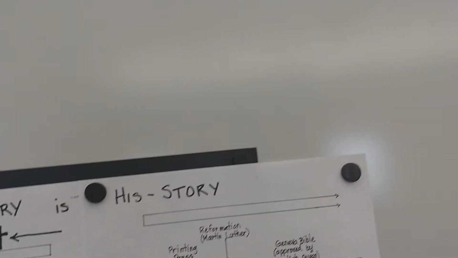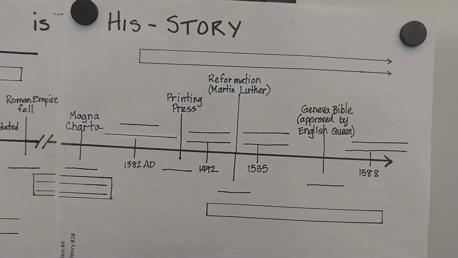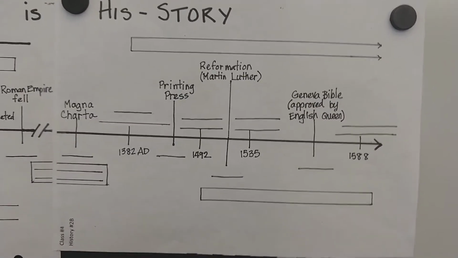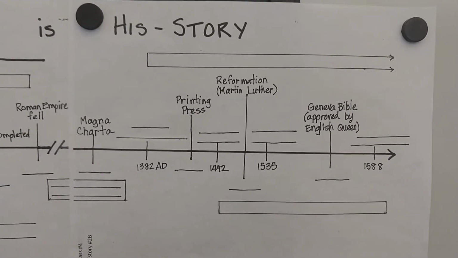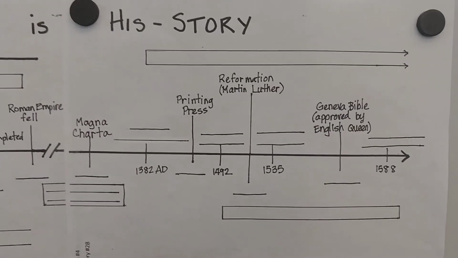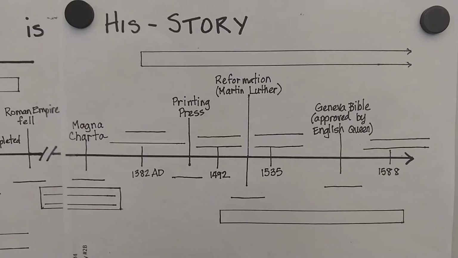The important thing about all of this is that for the first time, the Bible was in the hands of the people. They could read the Bible for themselves and know what God was telling them to do and how he was telling them to live.